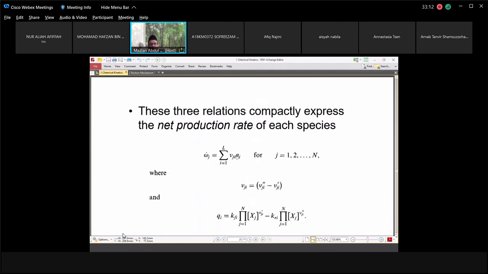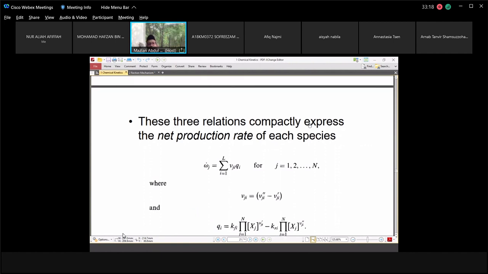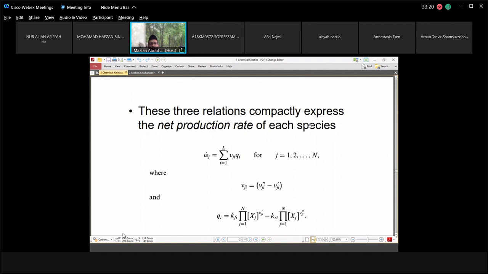For each of these three relations, the ones shown previously, we compactly express the net production rate of each species. Here J is the species. How many? There are 8 of them. Each one represents one species.